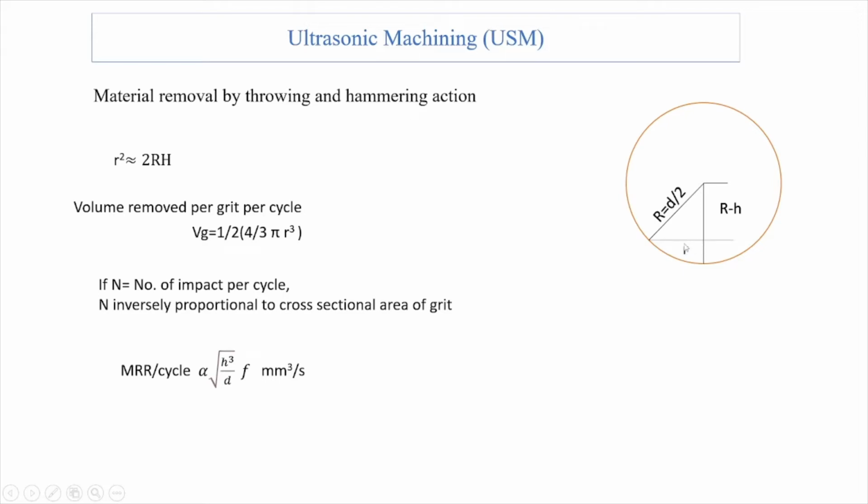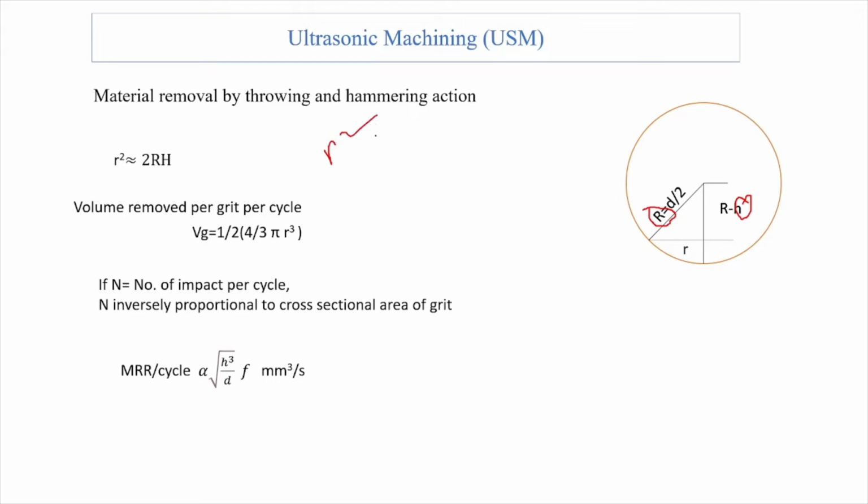Assume it as r. And the capital R is the grit radius, and the depth of penetration is h. So from this triangle only we can write the equations, right?